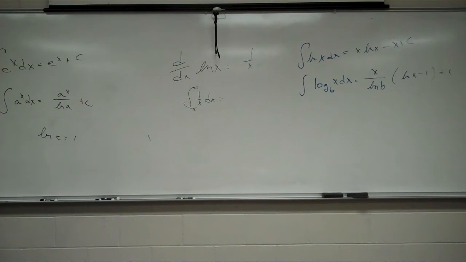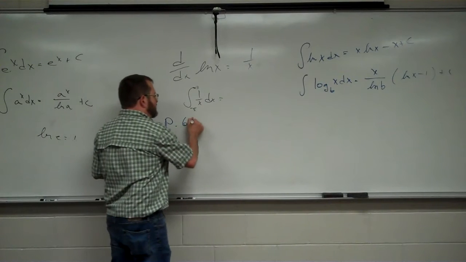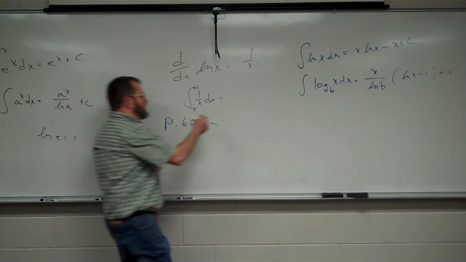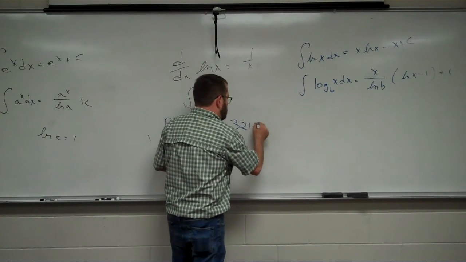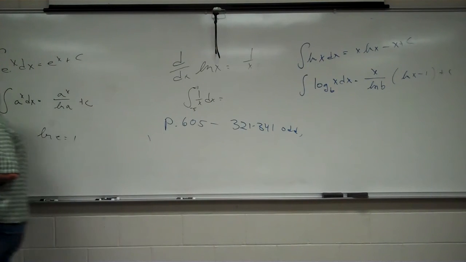All right. Again, then they're just problems. The good news is this assignment is mostly just using something you've already been working on learning, namely that method of substitution. For today, starting on page 605, I want you to do 321 to 341 odd. And then there's a couple of assorted ones along the way.